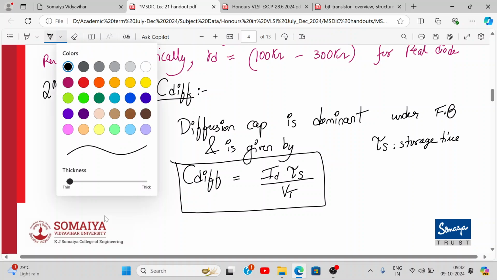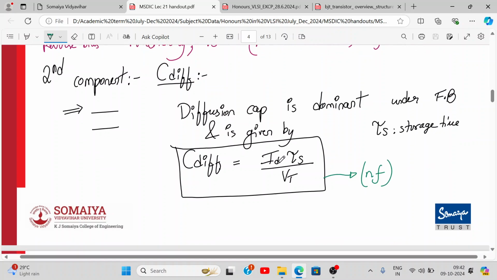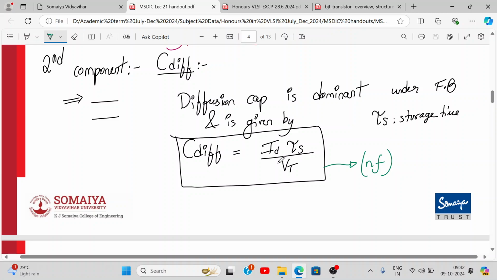And this value is very, very small. Normally, diffusion capacitance is in the range of nanofarads. Normally, capacitance starts from microfarad, right? But their ranges are in nanofarad.